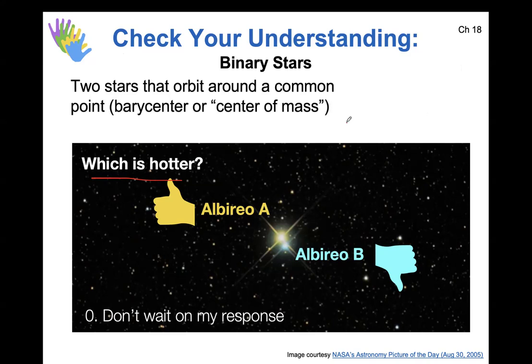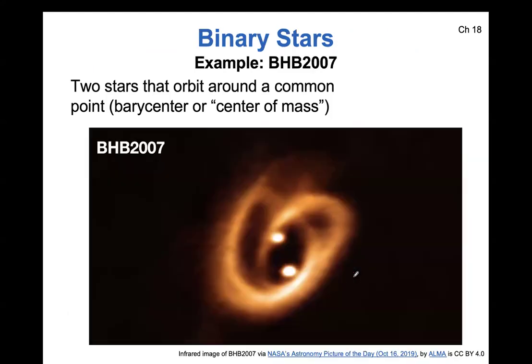And if that's the case, then you are correct. Okay, the blue star is hotter. The yellow star might be the temperature of our sun, but some stars shine with the peak towards the blue end of the visible spectrum, and they are by far the hotter star. Okay, good.